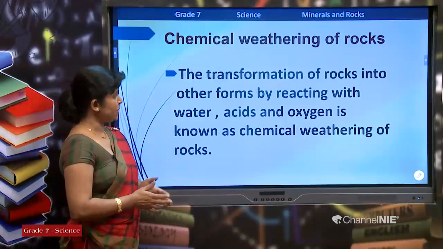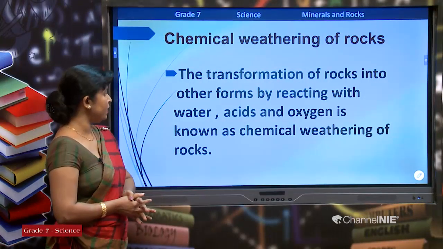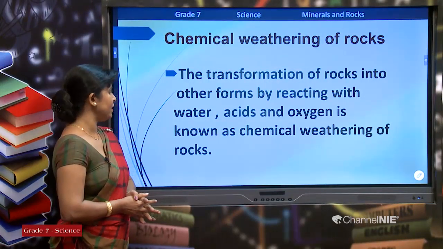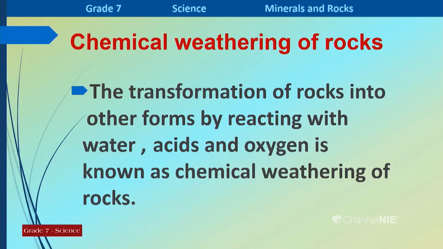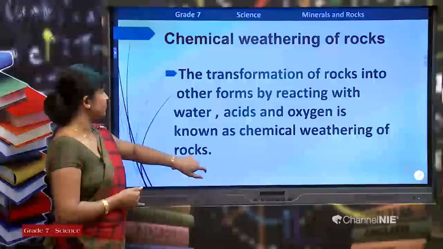The transformation of rocks into other forms by reacting with water, acids and oxygen is known as chemical weathering of rocks, right. In our environment there is oxygen, water as well as acids, right. Then the rocks react with those substances and produce different types of chemical substances. It also results in chemical weathering of rocks.